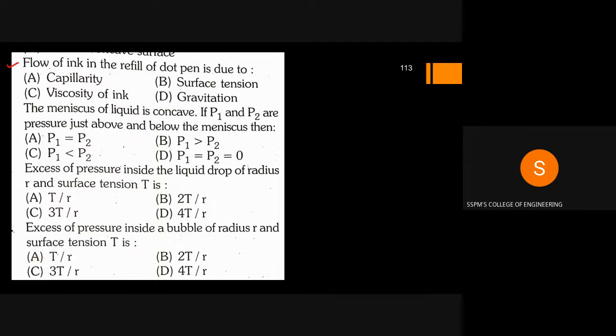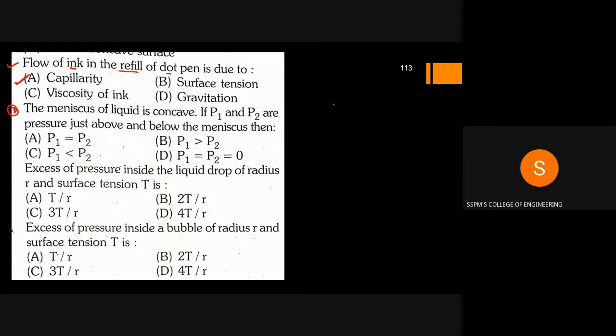Okay, refer this question. Flow of ink in a refill of dot pen is due to, and it is due to the option A, which is the capillarity. Second, the meniscus of the liquid is concave if P1 and P2 are pressure just above and below the meniscus.